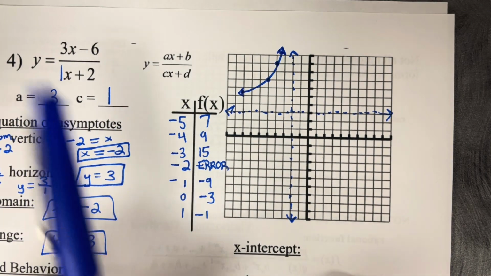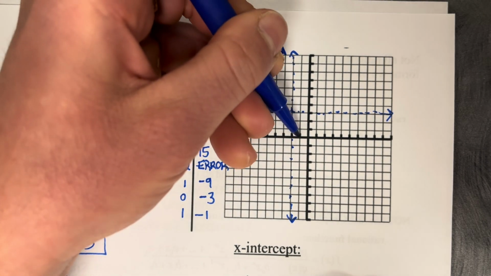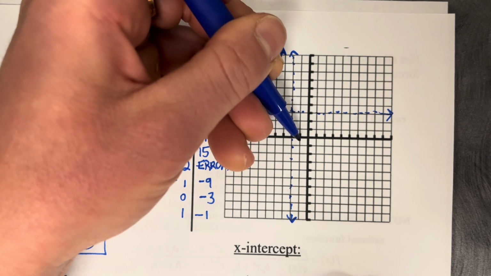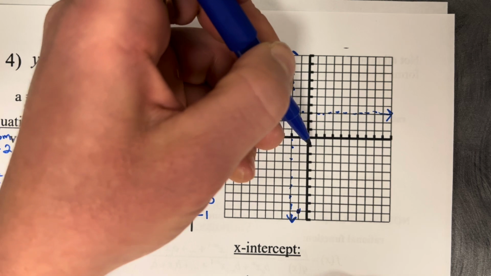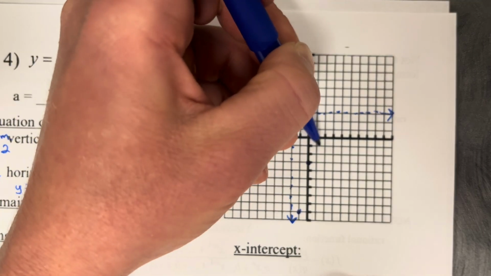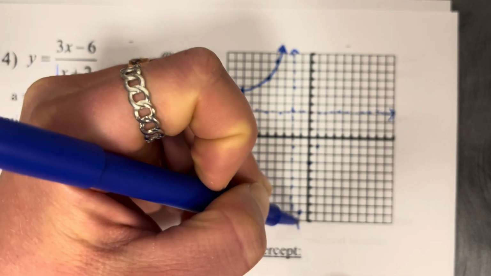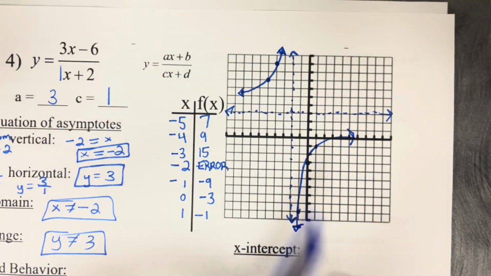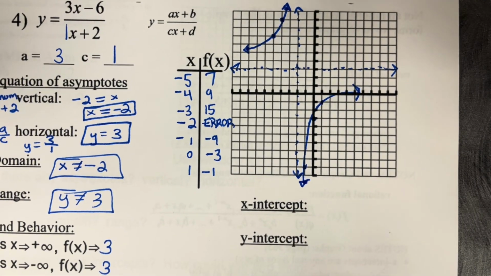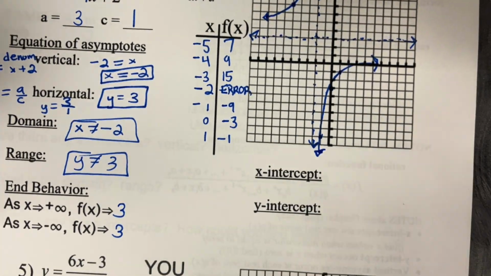And then we have negative 1, negative 9 on the other side of our asymptotes. 0, negative 3, and 1, negative 1. Connect those points. And we're done.